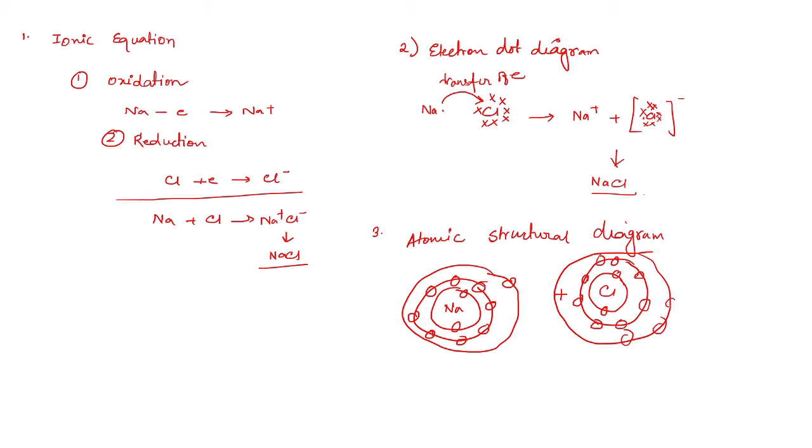7 valence electrons. 3, 4, 5, 6, 7. 1 electron will be transferred from here. You will form sodium with 2 shells. Okay, here 2 electrons and here 8.